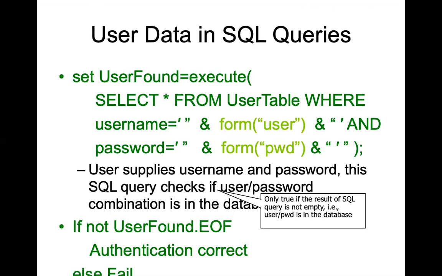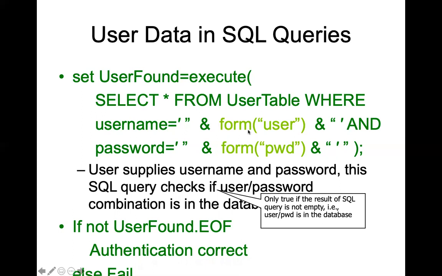The user is supposed to supply their username and password. And the SQL query is going to check whether the username password combination is there in the database, and if not, further action is disallowed and the user is prevented from doing anything else on that web page. Okay, that's the idea over here. Of course, if the username and password match, then the user is allowed to do whatever this web application is doing with the credentials of that user.